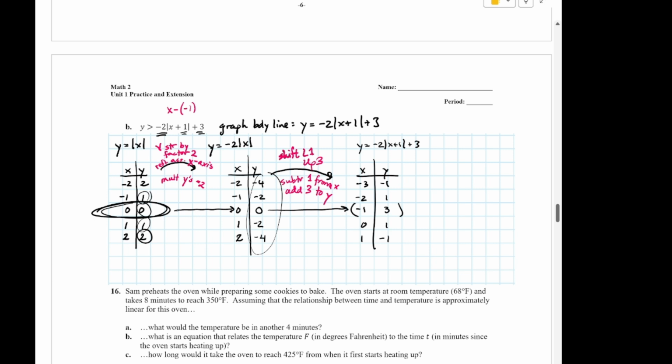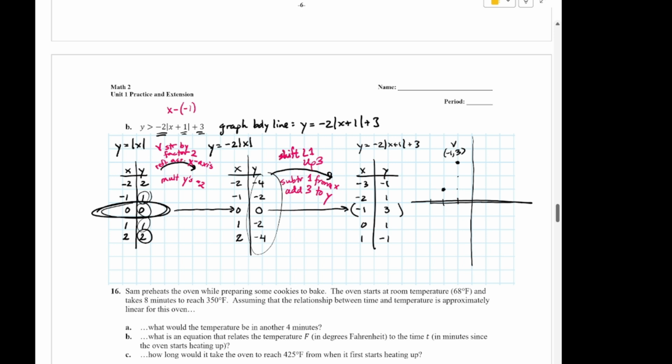Okay. So if I plot negative 1, 3, let's see here. I'll just put it right here. So negative 1, 1, 2, 3. There's my vertex. If I plot negative 2, 1, that's right here.